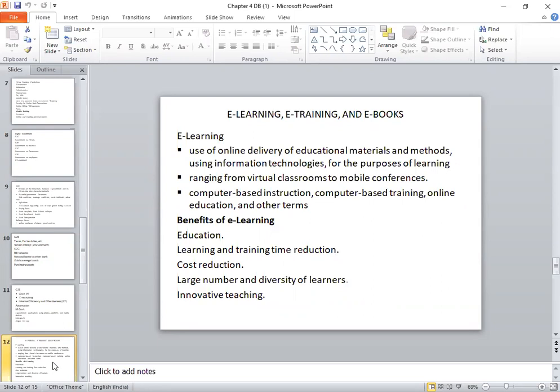Because here the employees are serious and the facilitator is paid by the company. So it becomes mandatory for the employees also, since the company is paying. The employees learn through this online mode.